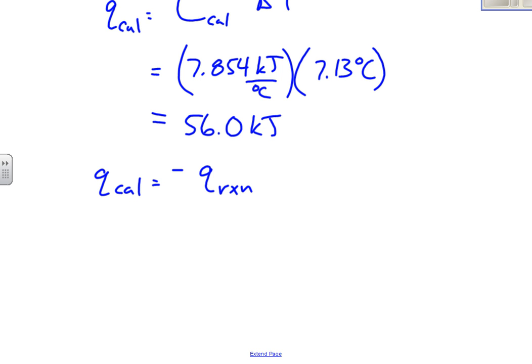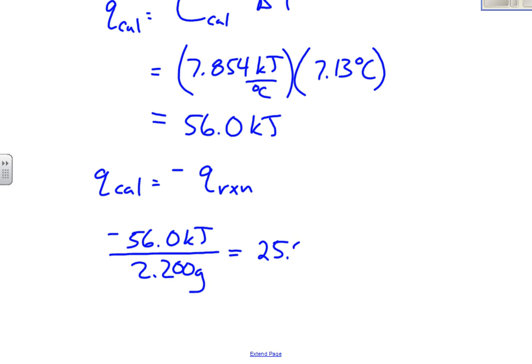So we would say then that for the quinine we would have negative 56.0 kilojoules released, divided by the 2.200 grams that were put inside the calorimeter, to give us a value of 25.5 kilojoules per gram.